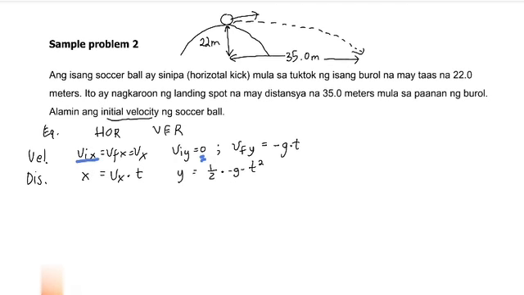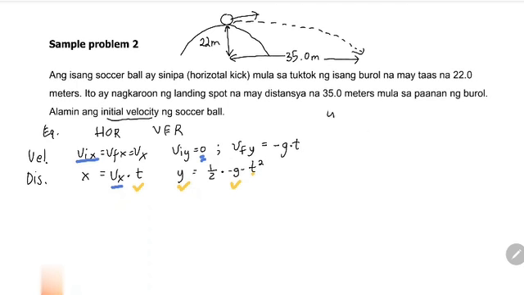So definitely, dito tayo maglalaro sa equation na to. The problem is we don't have a value for time. So, pwede tayong tumingin dito sa kabila. Since given na yung y, which is 22 meters, given din yung g, pwede tayong makuha yung time dito, like what we did before.